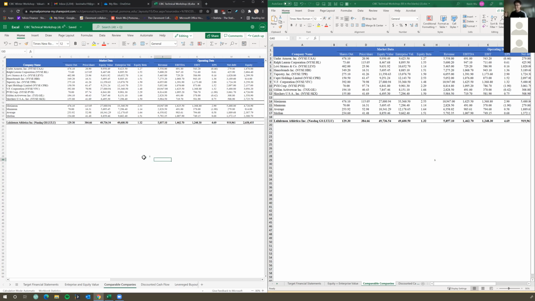So implicit in this is that we're not making our own assumptions, but we're allowing the market to make those assumptions for us. So within each of these numbers is a little bit of story about the company, what it's saying about Under Armour or Ralph Lauren or Levi Strauss. So for example, and again, this is very simplistic, but hopefully will paint the picture.